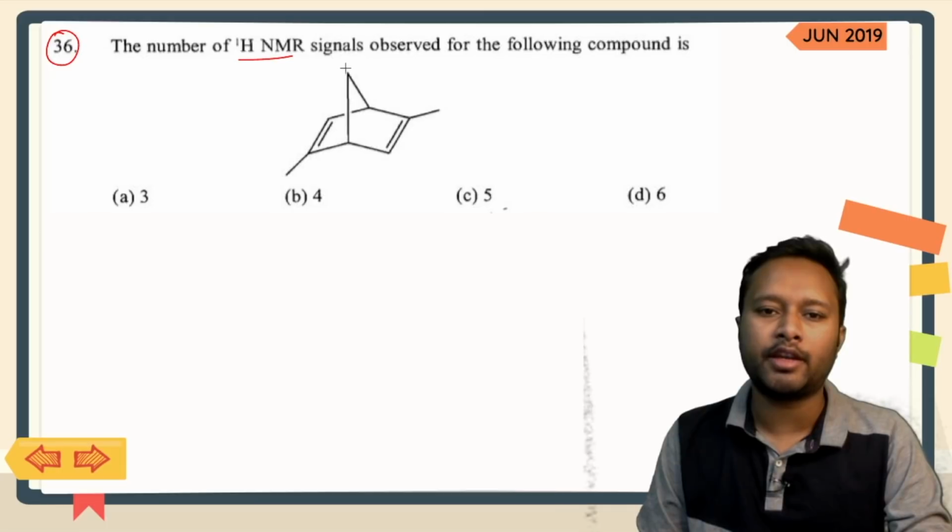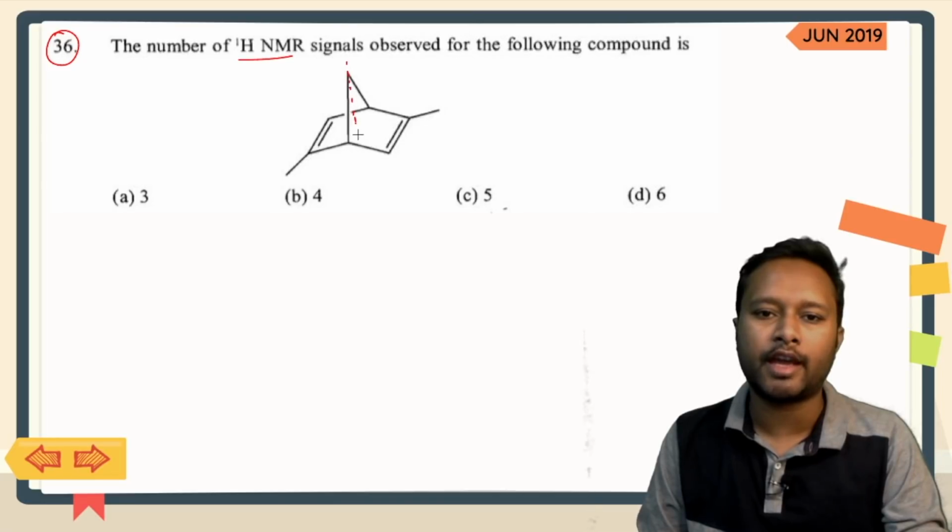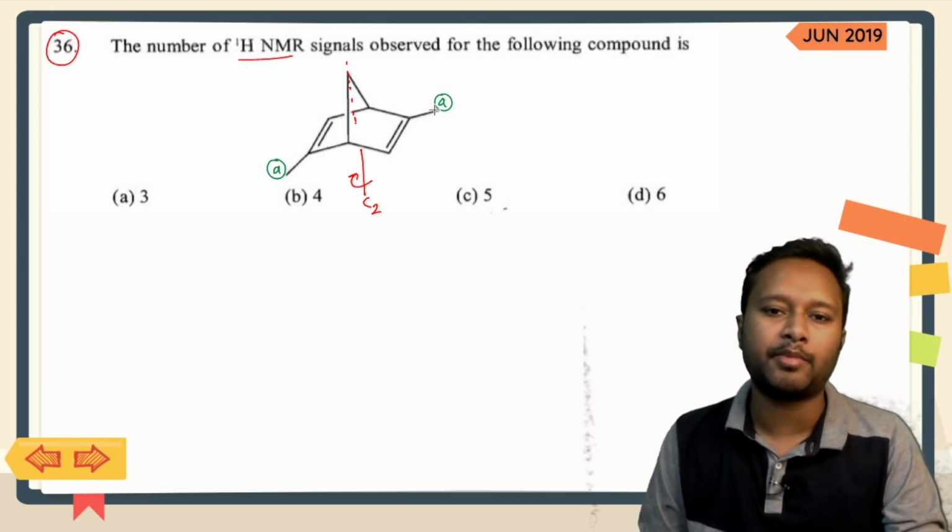So first of all, here in this molecule, if you see, there is an axis which is going to pass through the molecule. So the molecule is having a C2 axis passing through it, which is going to basically make these hydrogens equivalent. So if I call it hydrogen of type A, this will also become hydrogen of type A. Now since we don't have any hydrogen at this position because carbon has fulfilled its valency, these are the two types of hydrogen which we have got.